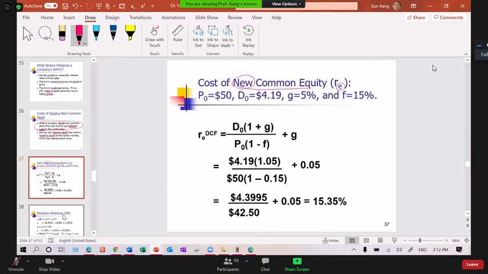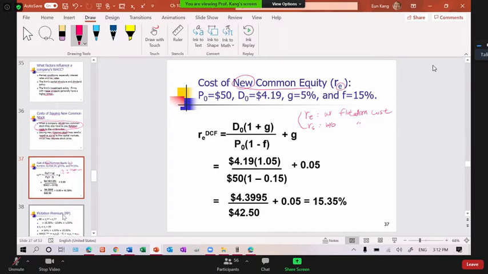RE stands for equity, but we differentiate RE from RS. RE is with flotation cost, and RS is without.